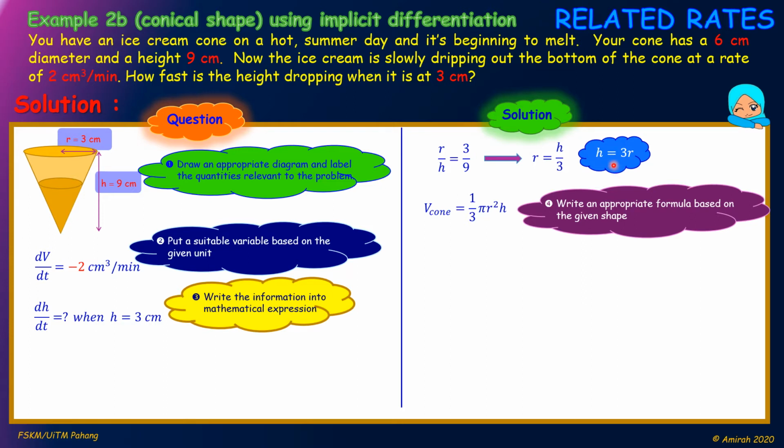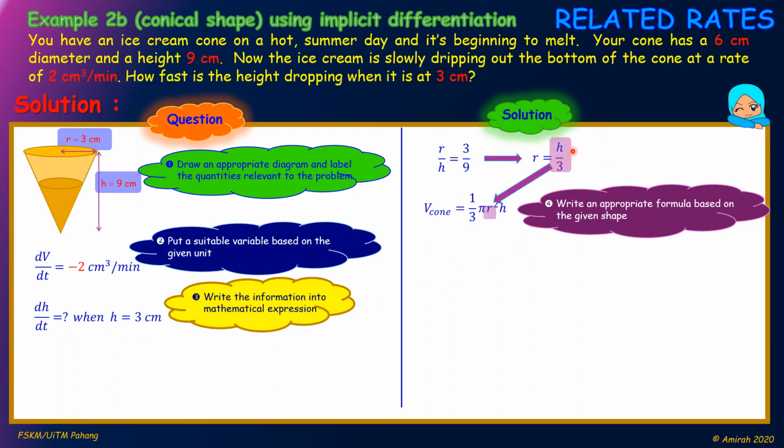If the question asking about dr over dh, means we need to write h as a subject because we want variable r. But in this case, we write r as a subject because we want variable h, because the question asking about dh over dt.